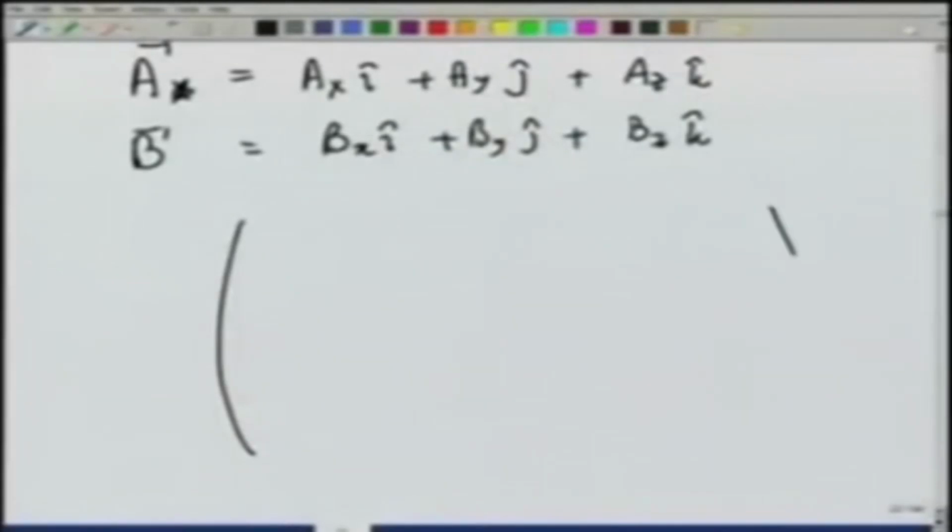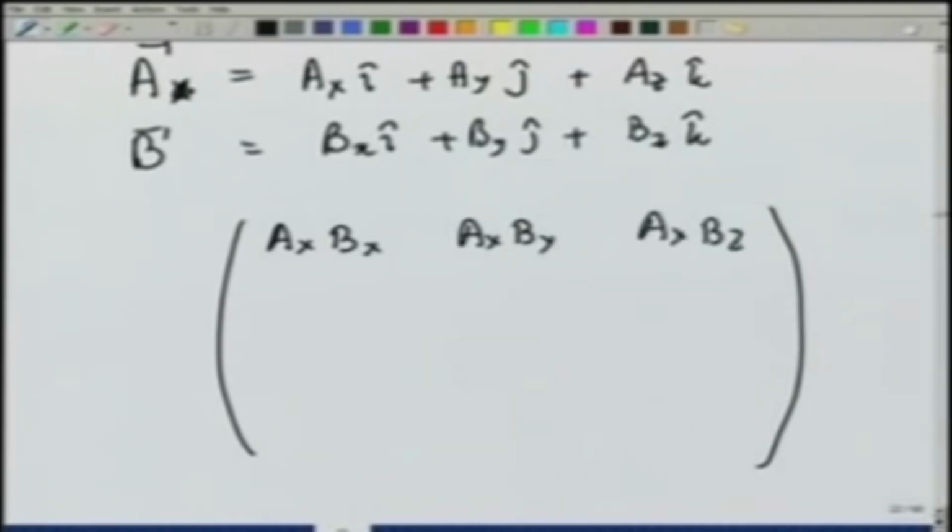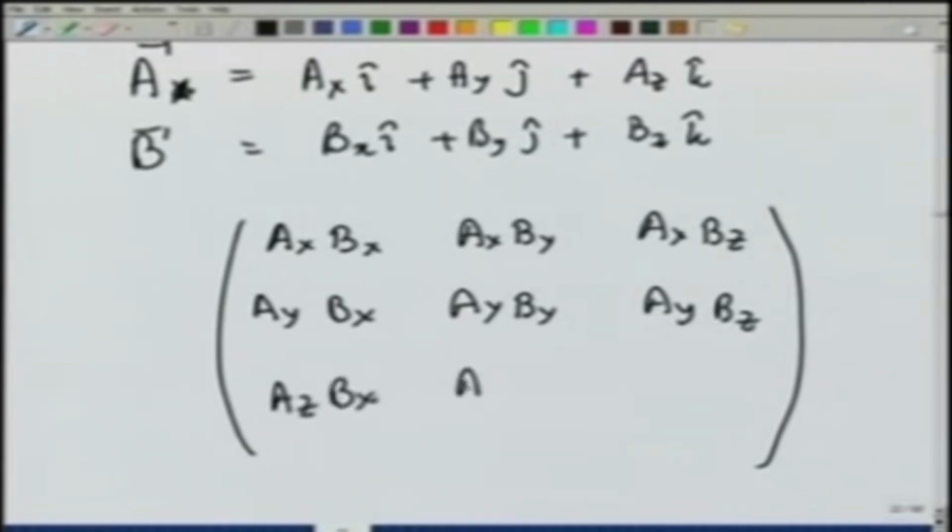All possible combinations of the products are a x b x, a x b y, a x b z, similarly a y b x, a y b y, a y b z, and a z b x, a z b y, and a z b z.